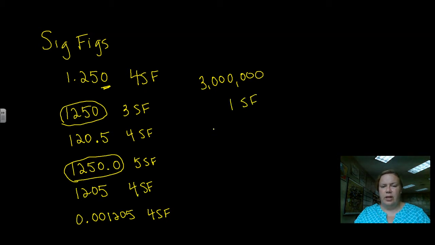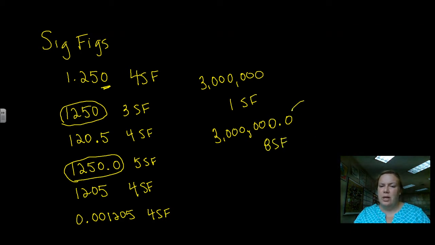If you have 3 million with a decimal and trailing zeros, then you have 7, 8 sig figs. That makes a difference, because if we go to the struggle of writing the decimal, then this must make a difference. Okay. All right.